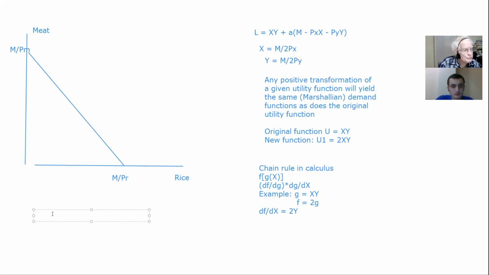So now our horizontal intercept is 1.5 times m divided by 1.5 times the price of rice, or m divided by the original price of rice. Exactly the same intercept as before.